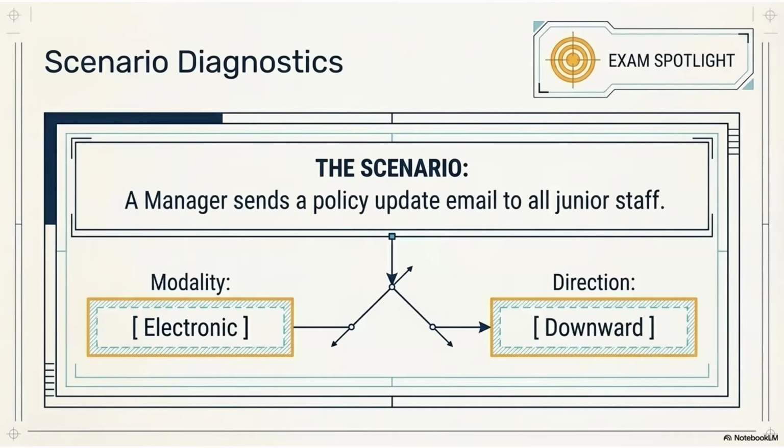So, scenario: a manager sends a policy update email to all junior staff. If you want to know what mode of communication they use, that would be electronic. It's literally in the name, right? Email means electronic mail.